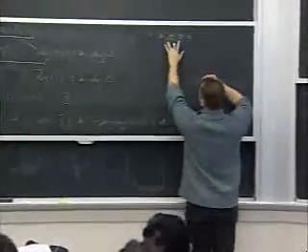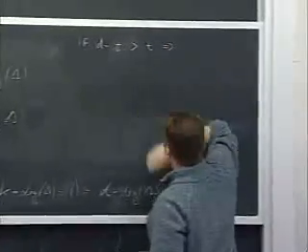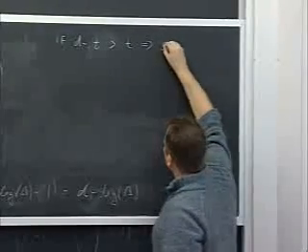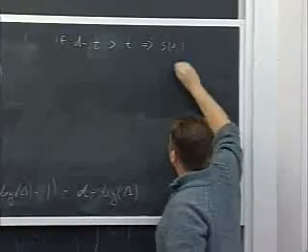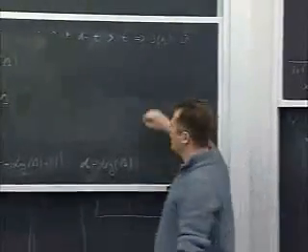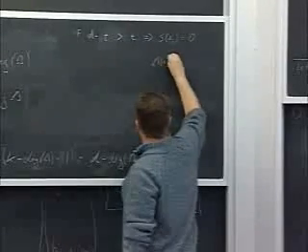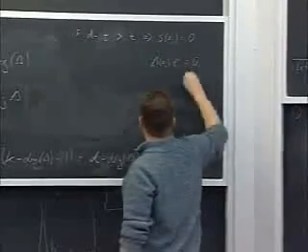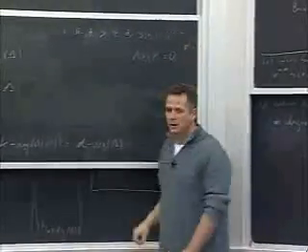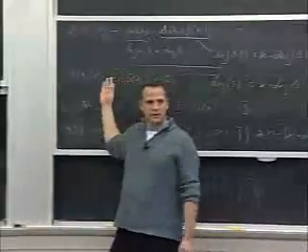Yeah, so if this is true, then S of xi, I claim, has to be 0, and lambda of xi times ei has to be 0 too, for all i. That's the only way out of this.